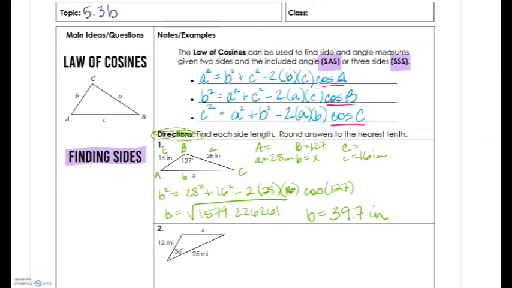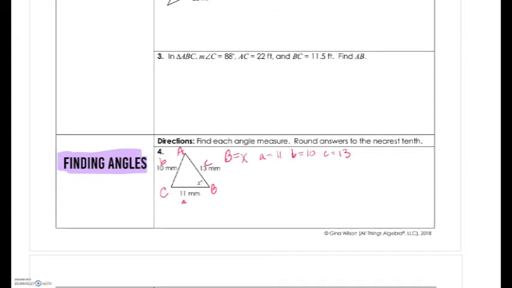I've got to find angle B, so I need to do cosine of B, so I'm doing B squared, okay? So I'm going to use the formula for B squared. And just keep that in mind over here. I'm not going to write it all out again because we're about to do it using the actual numbers. But this is why we're doing B squared, is because we need angle B, and that's what formula we need to use it.